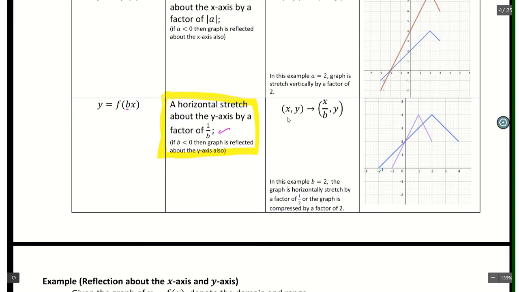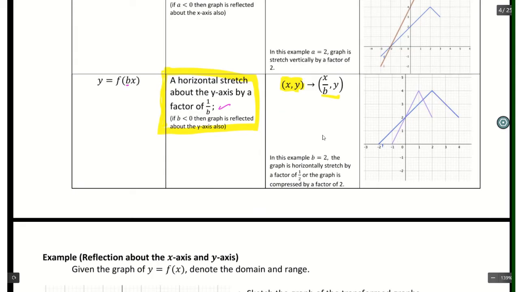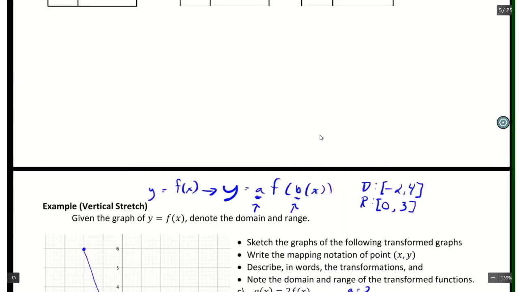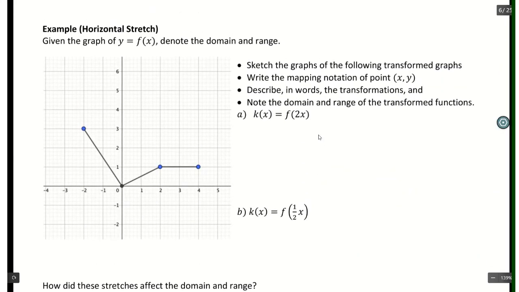Here, the transformation in point notation, I like point notation, it really helps me understand: (x, y) becomes (x divided by b, y). So in other words, it affects the x here. How? We're not going to multiply it, we're actually going to divide it by b. So I feel better now. Let me go down to my notes here. I am ready.